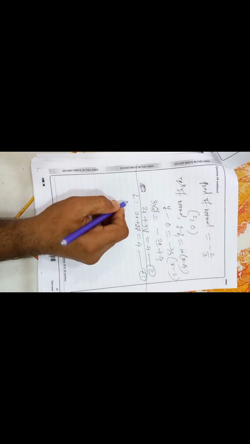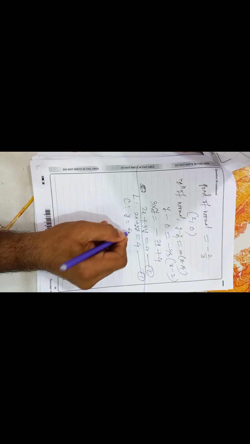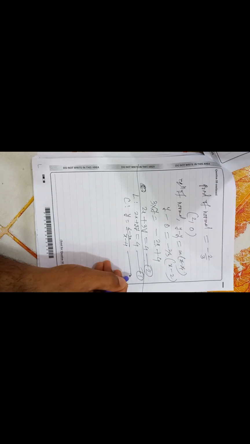This is not the curve, actually this is L. So the curve will be y equals (6 minus 3x) over (x minus 4). This is equation 2.